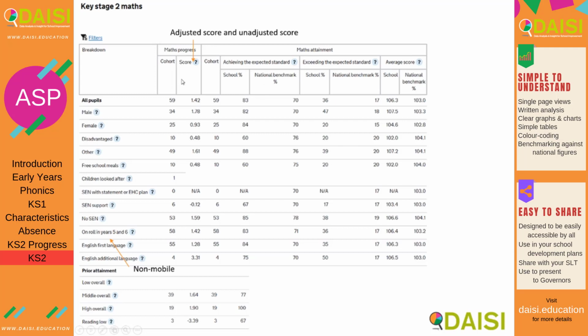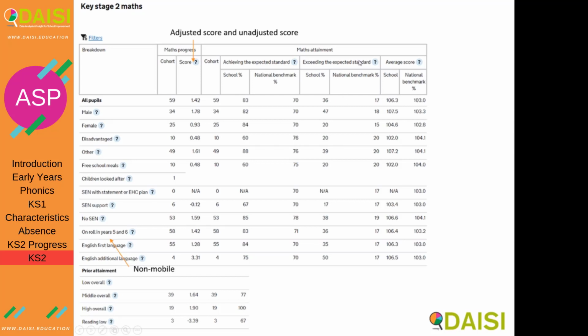Then we have your attainment: you have your cohort, regardless of whether they got a Key Stage 1 average point score, achieving the expected standard compared to national benchmark. As a reminder, your disadvantaged pupils, your free school meal pupils, will be compared with the national other. Then exceeding the expected standard or getting a high score, as it may now be called.